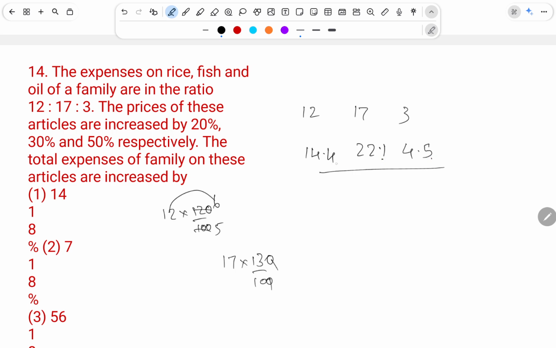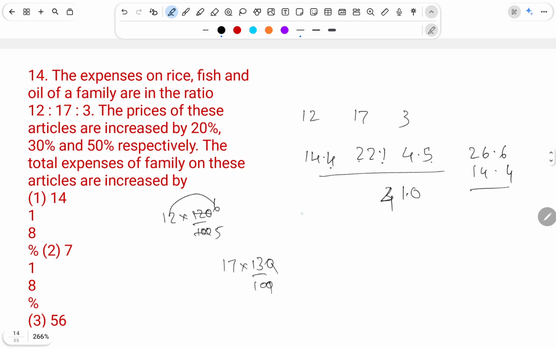Add all this. 5 plus 1 plus 4 is 10, 1 carry. 4 plus 2 plus 2 is 9, plus 1 carried is 10... it becomes 26.6 and 14.4, 41, not 31, 41. Now 32, this is the total 32.